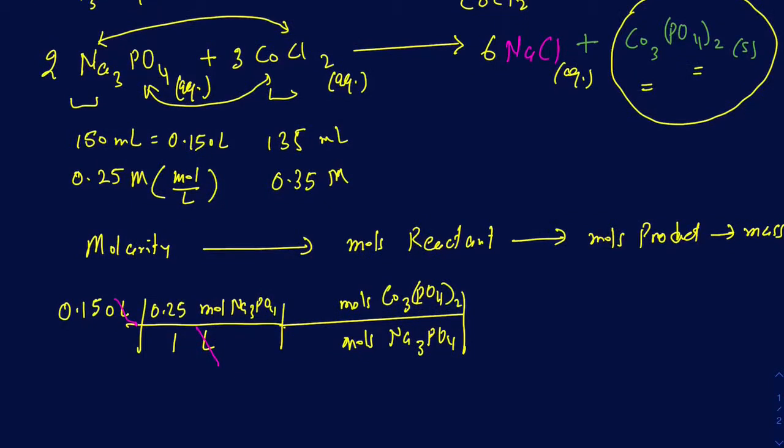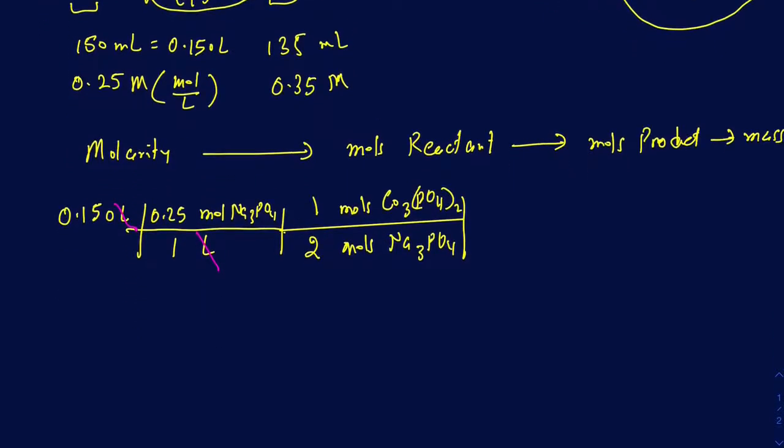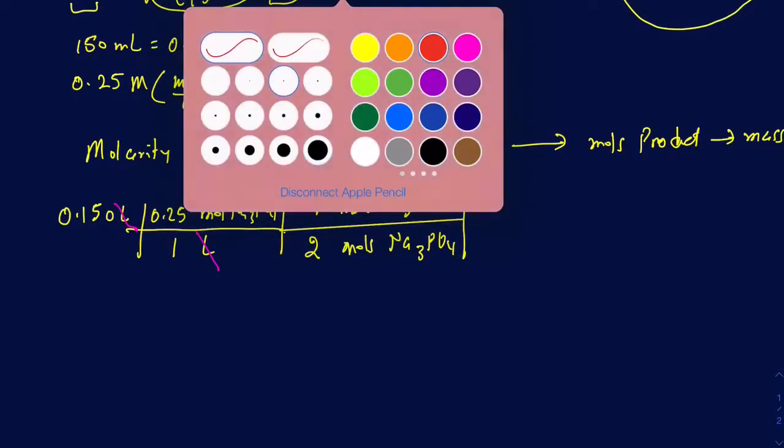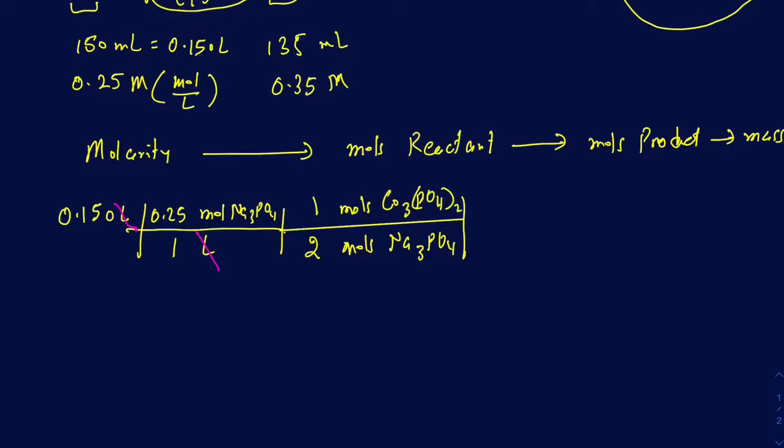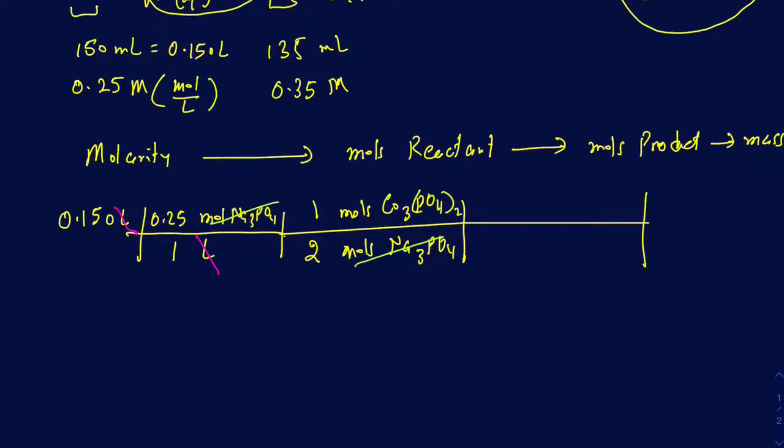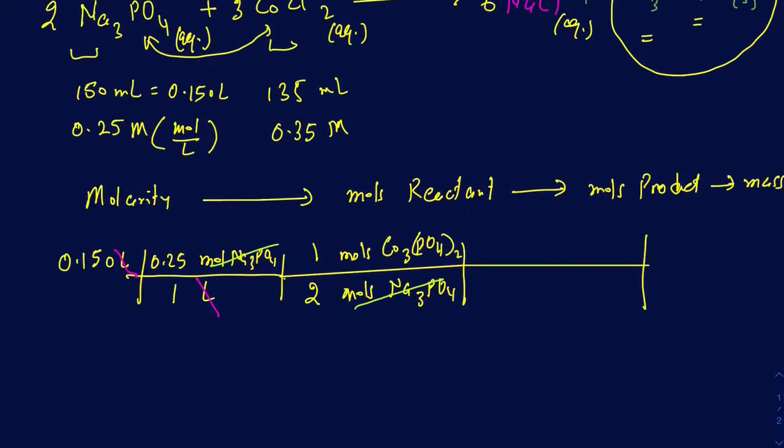I have 2 in front of sodium phosphate and 1 in front of cobalt phosphate, so this is where we write out the stoichiometry relations. When you do so, you can see how the moles of sodium phosphate cancel out. And then in the next step, I can go ahead and find the mass of this cobalt phosphate, because that's what we're really trying to figure out.